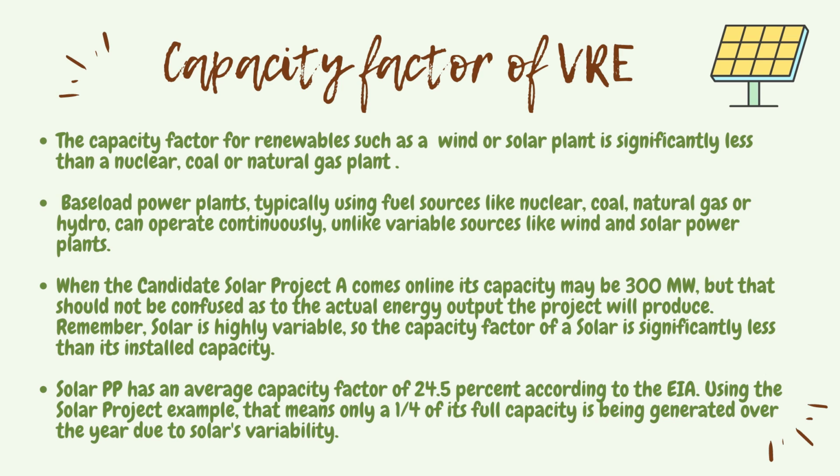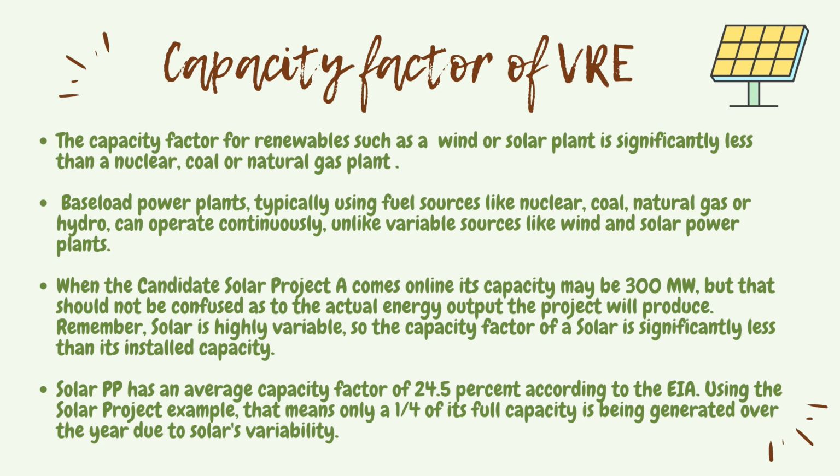For instance, when the candidate solar project comes online, its installed capacity may be 300 megawatts, but that should not be confused as the actual solar output the project will produce. Remember, solar is highly variable, so the capacity factor of a solar power plant is significantly less than its installed capacity.